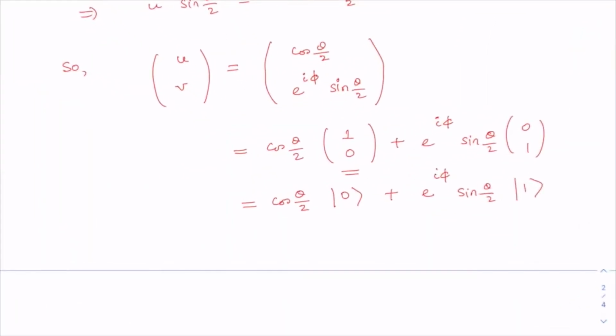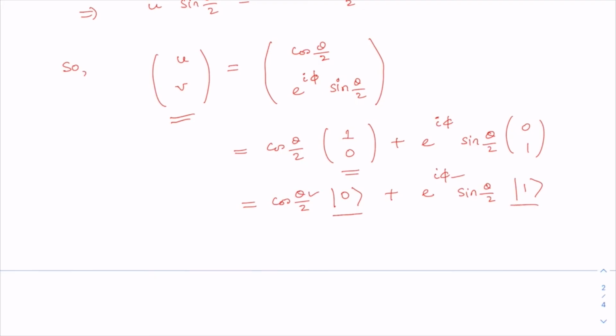You can notice that this eigenvector corresponding to the Pauli vector along an arbitrary direction, which can be represented as a superposition of ket 0 and ket 1, is dependent on the angles theta and phi.